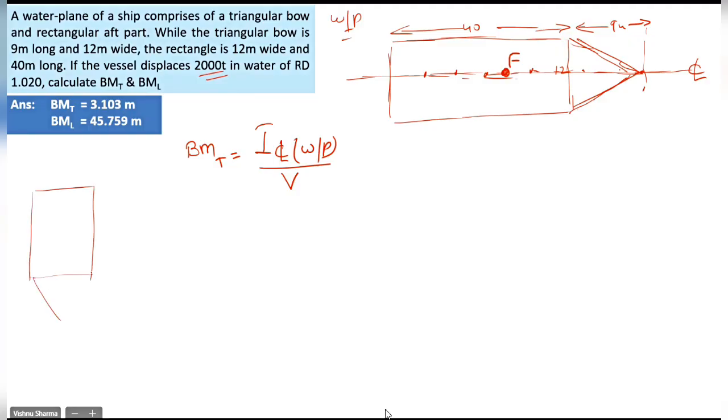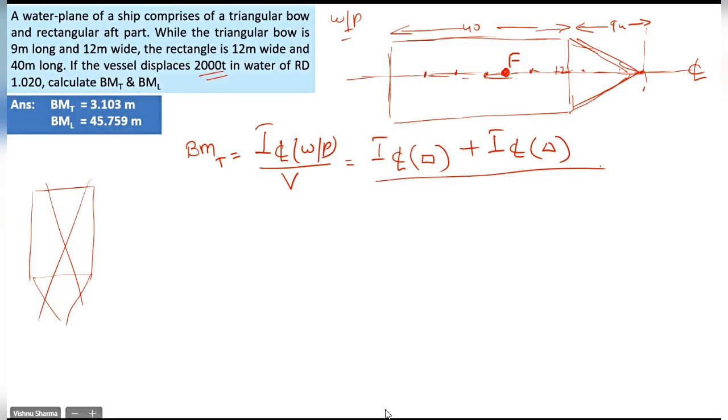Now, if I rotate it 90 degrees, will this become the shape in question now? Correct. So this will be equal to ICL of rectangle plus ICL of the triangle, which is already COP repeat now, upon volume of displacement.